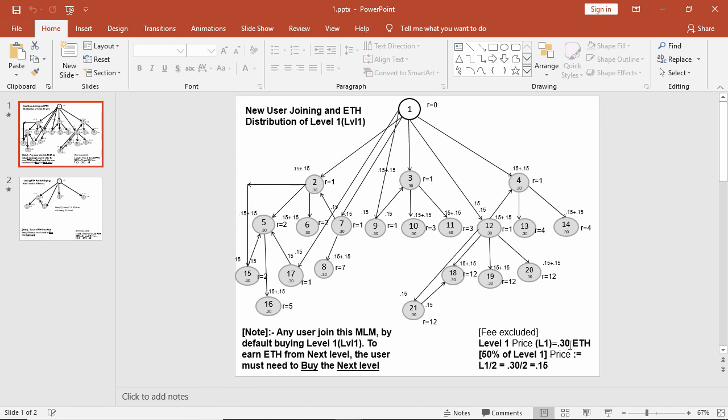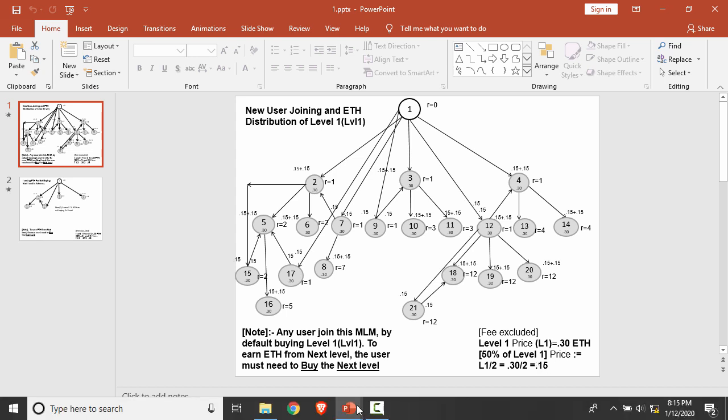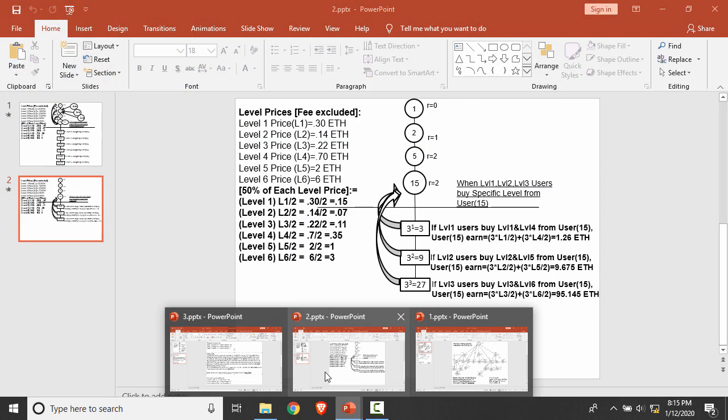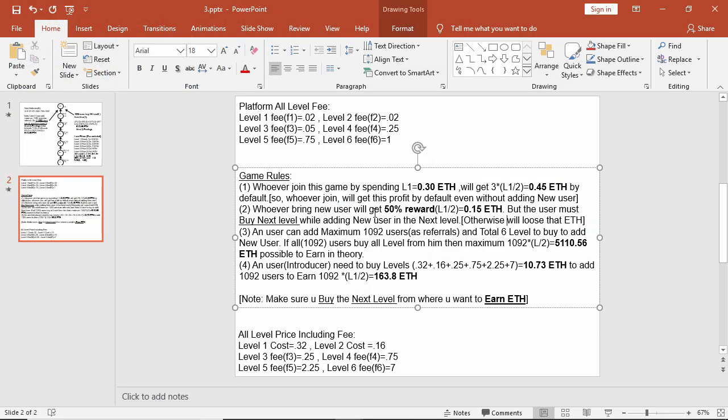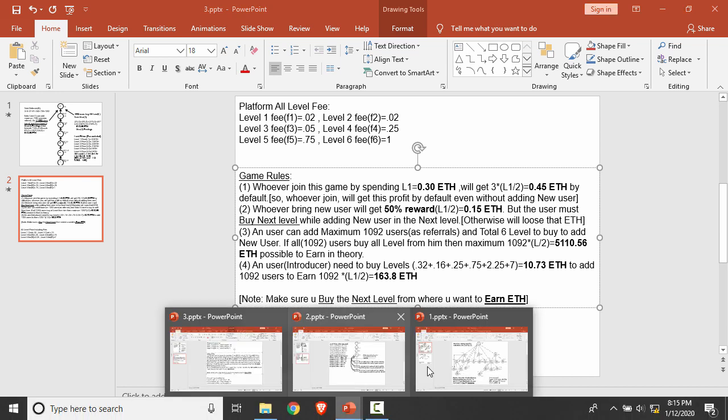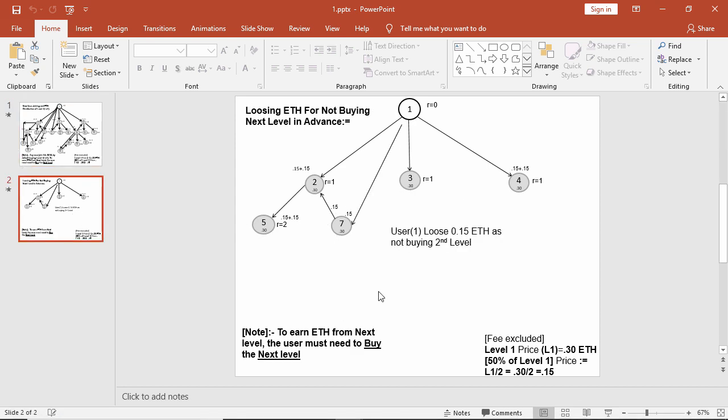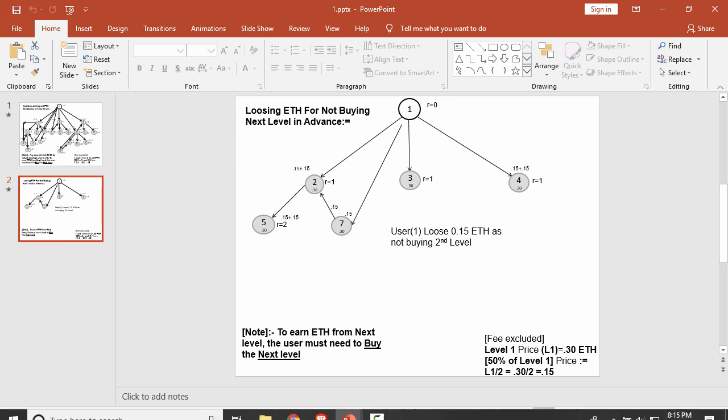That means 0.30 divided by 2, which is 0.15. But the user must buy the next level to get this money. I already showed in this demo, this user didn't buy the second level and he added a new user in his second level and the money he lost, 0.15.